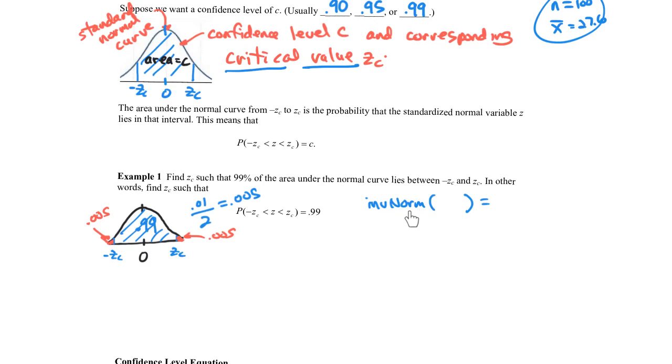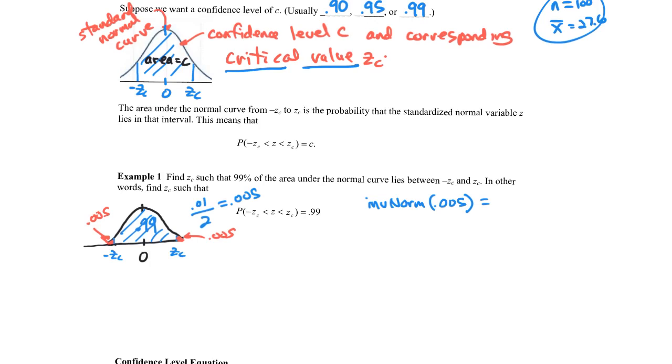So if you have the newer calculator where you can tell it to start from the center, you can just put 0.99 and tell it to start from the center. But most of us, by default, inverse norm starts from the far left, so it's going to start way back here, and it's going to keep adding up areas until it gets to the area that we give it. So if we wanted to get one of these z-scores, we could just punch in 0.005.